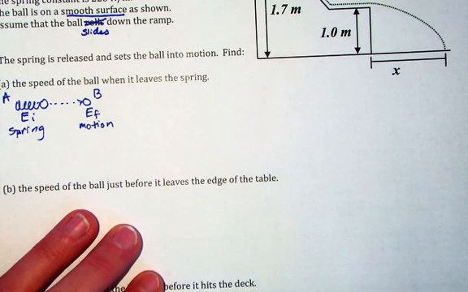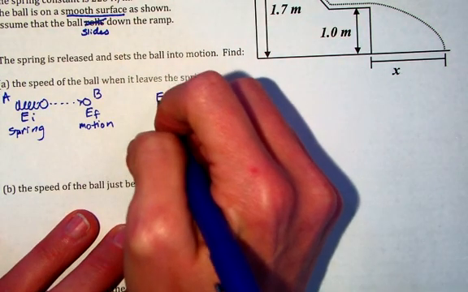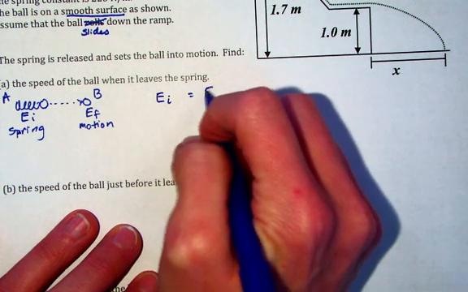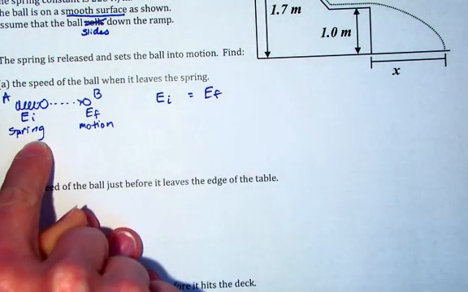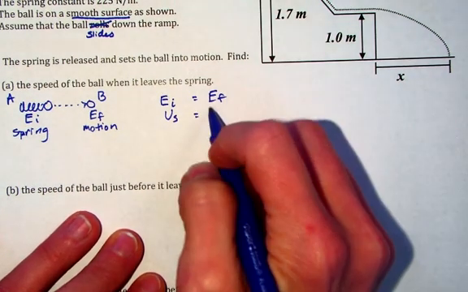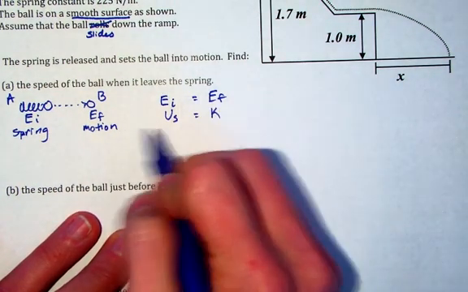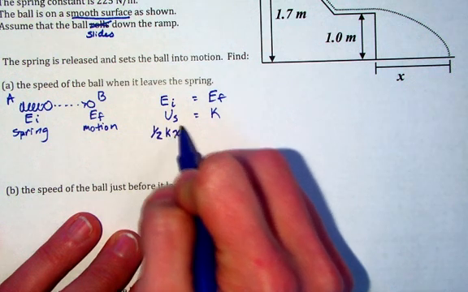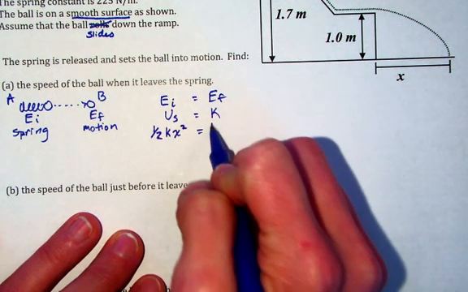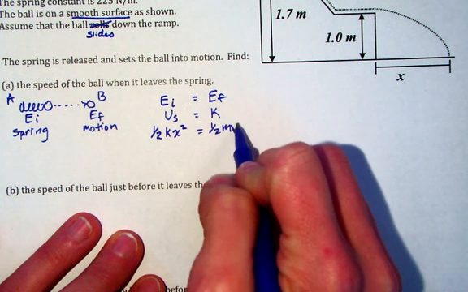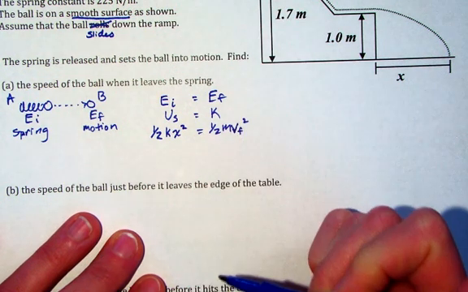Because there are no non-conservative forces, that means by the conservation of energy that the initial energy must be equal to the final energy. Initially, I have the spring, so I have elastic potential energy equals kinetic energy. So this is going to be 1/2 kx squared equals 1/2 m v final squared.